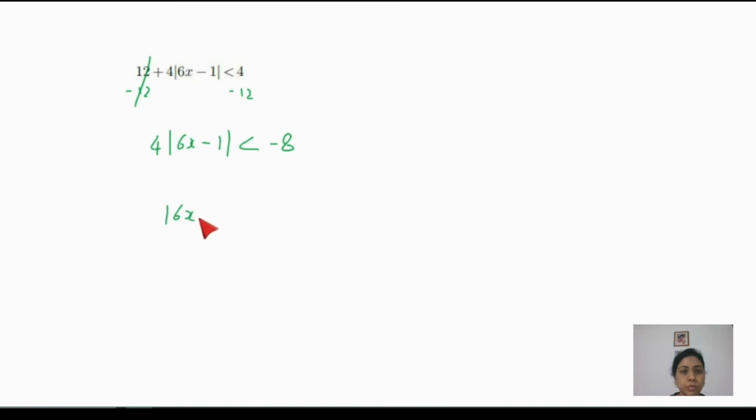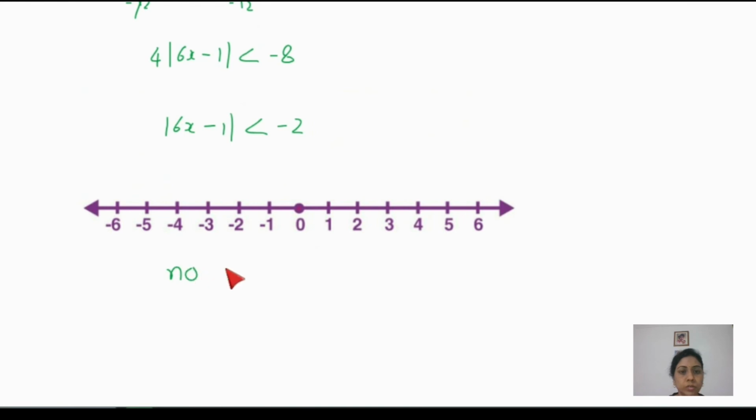So the absolute value of 6x minus 1 is less than minus 8 divided by 4, which is minus 2. An absolute value can't be less than any negative number. It is impossible. So there is no solution, because an absolute value is always positive, whatever is inside.